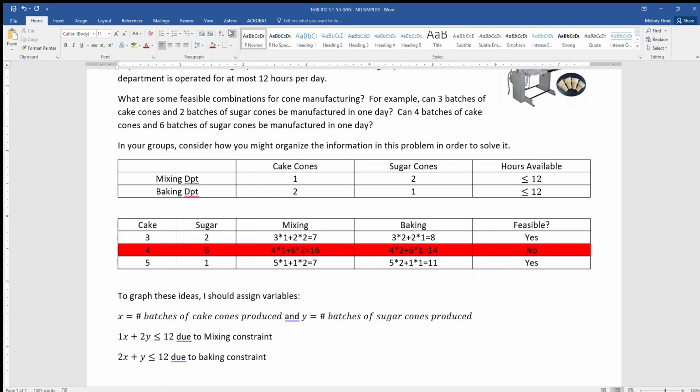No problem. So I've got those two inequalities, and I'm going to put those in Desmos. Now I'm going to try to switch over to Desmos right now. It may knock me off, so I may have to do some video fiddling. We'll see what happens.